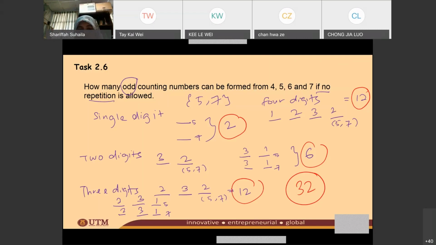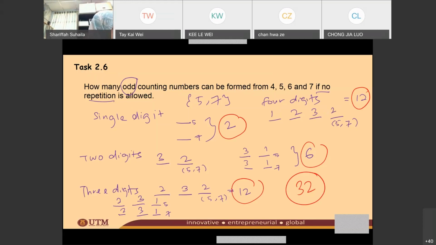So kita letak ini 2, so yang kat depan tu mungkin ada lagi 3 cara. So you have 3 digits, again 3 spaces. We have 2 possible ways, again without repetition, so 3, and then the first one should be 2. And then the last one, 4 digits. So already fixed 2 here, so 3 possible ways lagi. Dah ni without repetition again, yang space yang kedua 2. So yang first tu only 1 possible way. Okay, so altogether you have 32 possible combination.